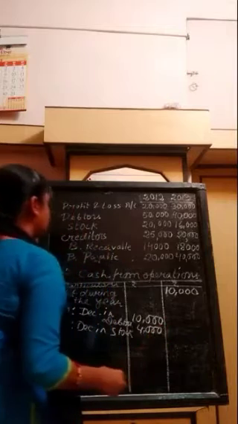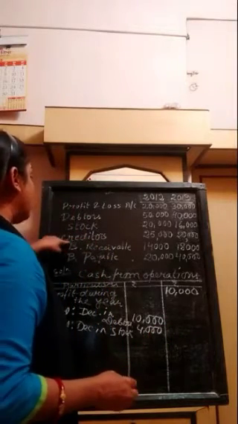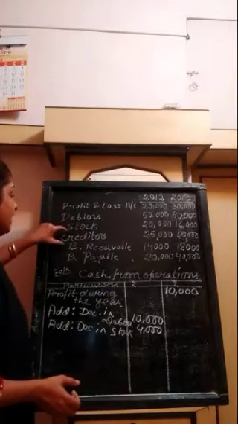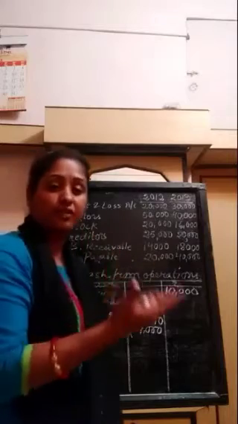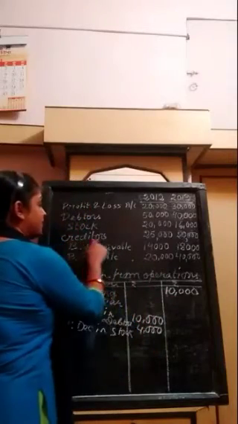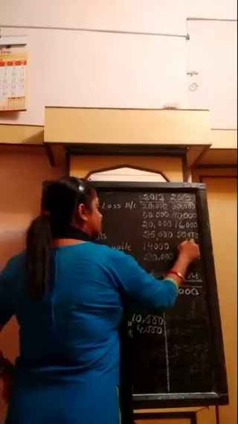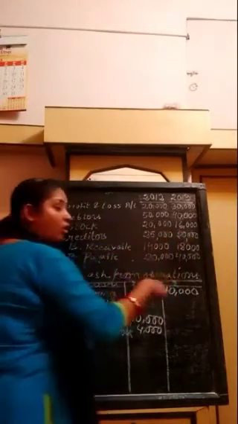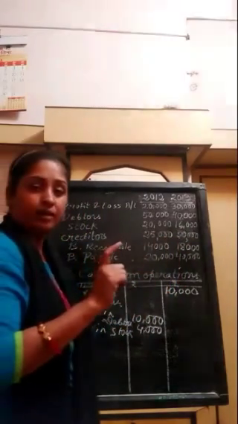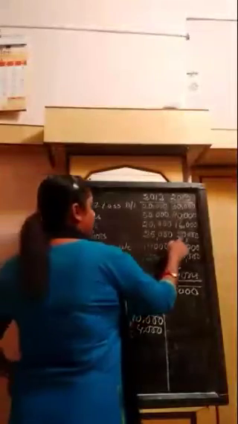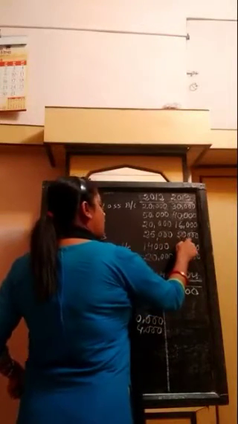Next is creditors. Creditor is a current liability. The value of creditors is decreasing, which means outflow of cash.